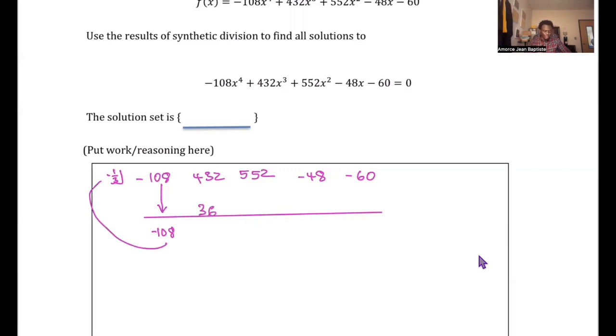So 36 plus 432 is 468. We multiply it by negative 1/3, the number in the box, so it's like dividing by negative 3. 468 divided by negative 3 is negative 156.